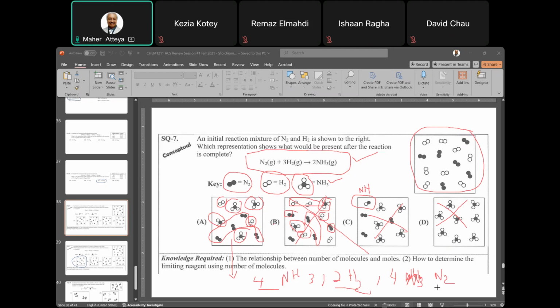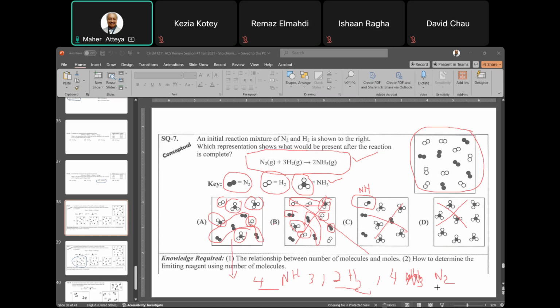But at least they really are correct. So what's the difference between A and B? Somebody tell me what's the difference between A and B? How do we know which one is correct, A or B?